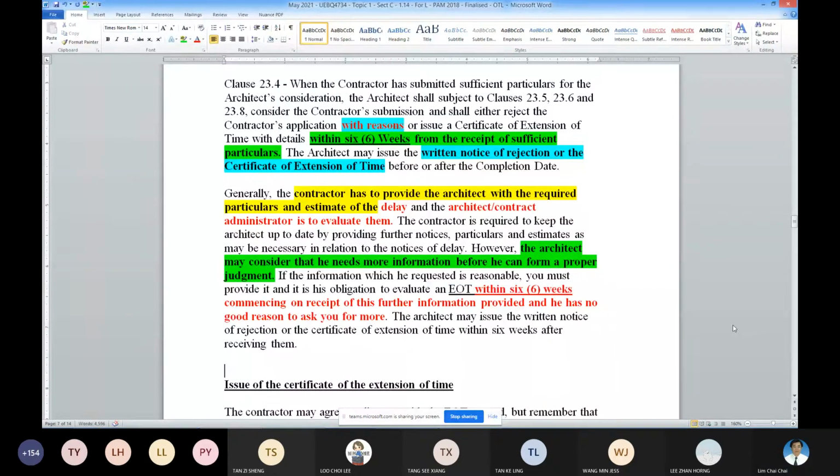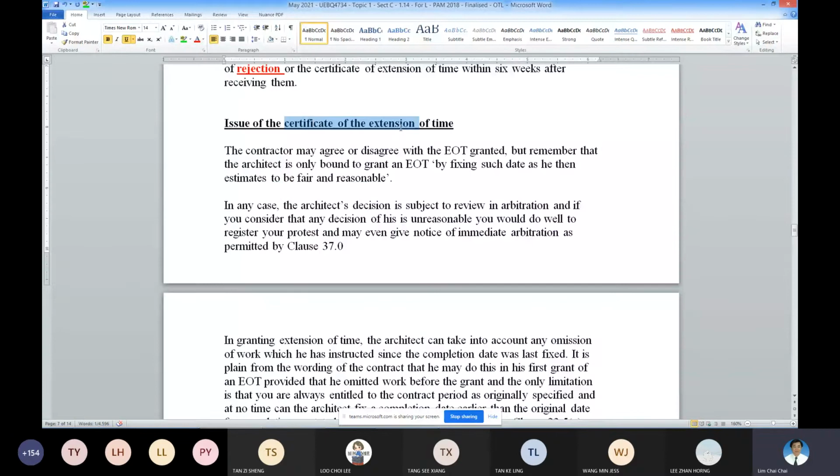Similarly, the architect may grant or reject the extension of time with reasons. So this is the procedure on how the evaluation of extension of time is done under your PAM 2018. Once the evaluation is done, the architect will issue the certificate of extension of time.